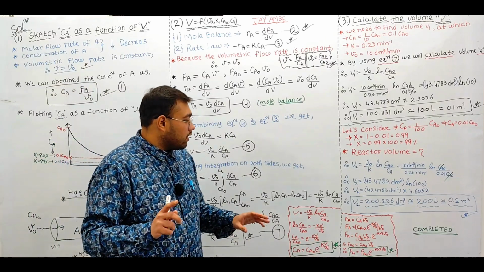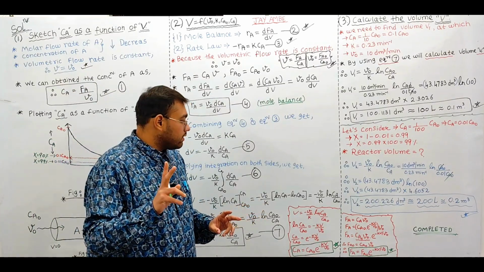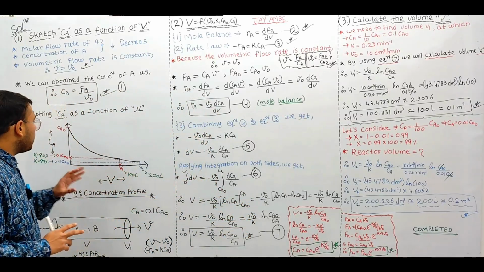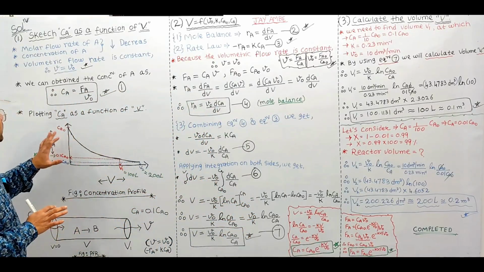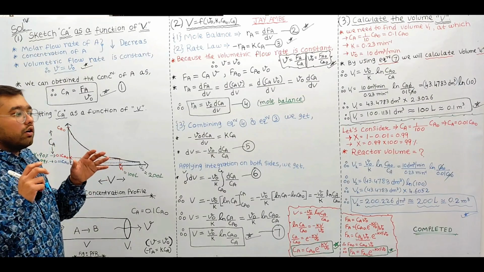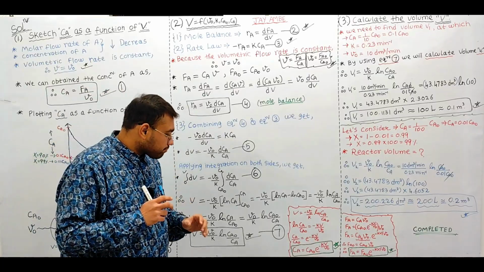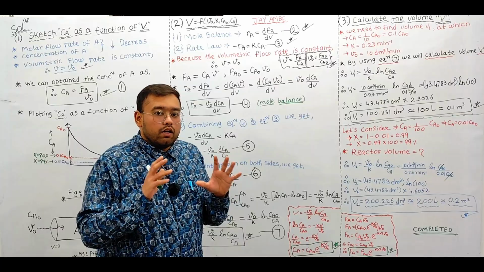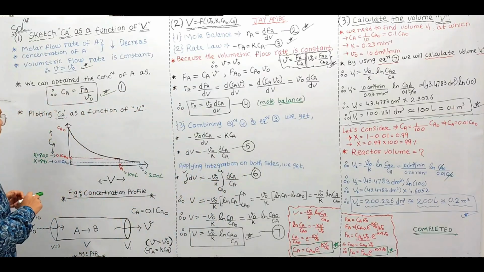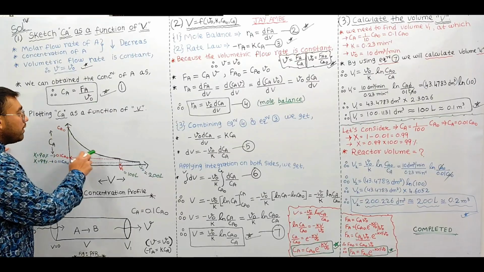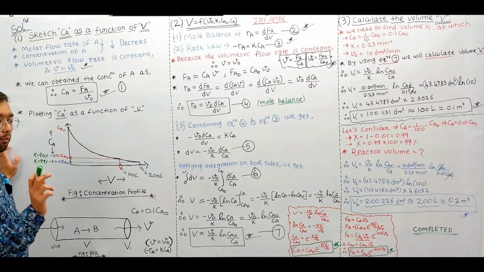Now, two things remain. First, in order to understand how the nature of the flow curve came about: the molar flow rate and the concentration of reactant A will decrease along the length and volume of the reactor. We'll understand how this nature came about in a mathematical way.